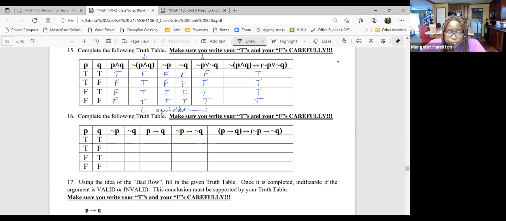Find those first, then you can fill in the rest. We're doing good. Trying to get to the end. Right, should be almost there with it.